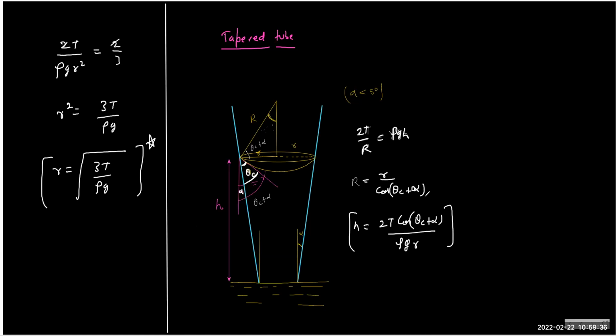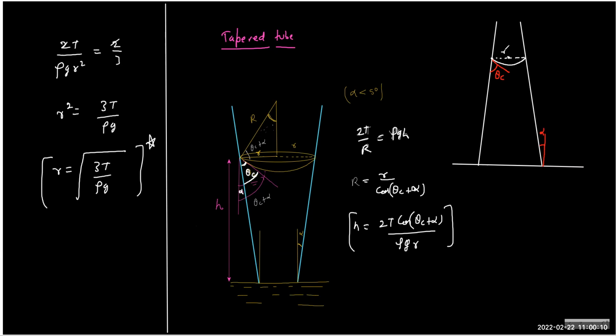So the same question we can write by inverting the tube. So once you invert the tube, what will happen? The angle of contact will be like this, and this is alpha.